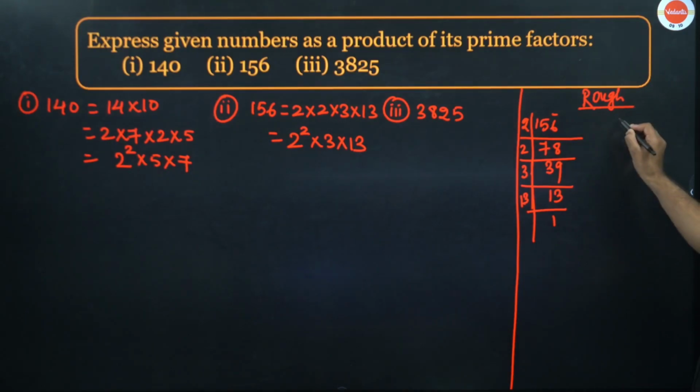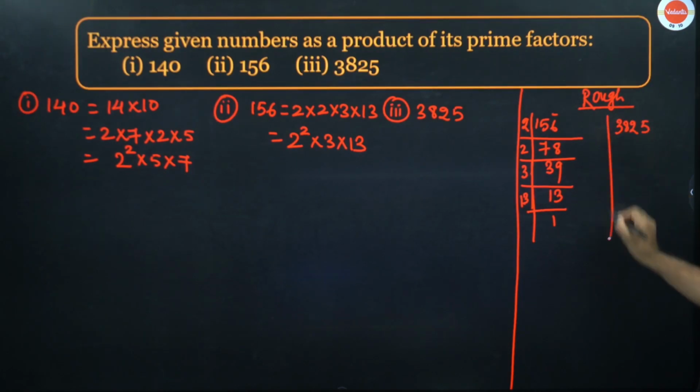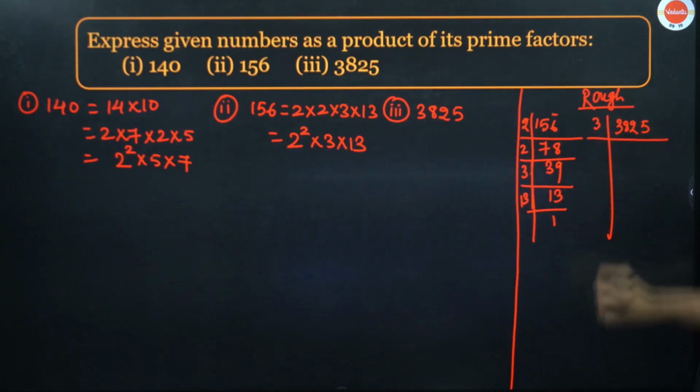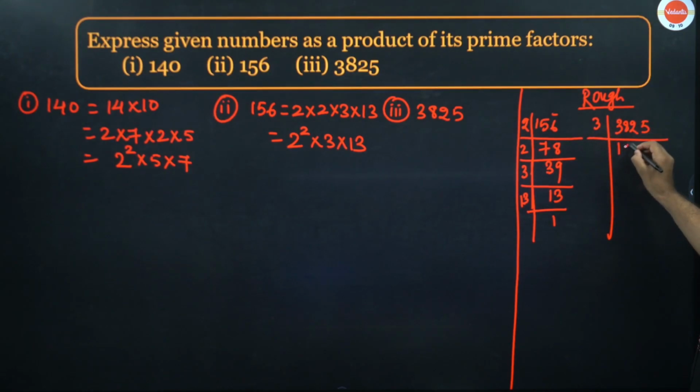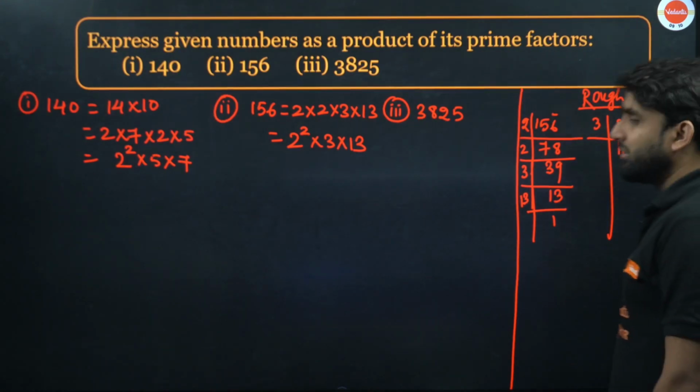3825. Let's check it by 3. 3 1s are 3, 3 2s are 6, and 3 4s are 12. Oh no, it is not dividing by 3.